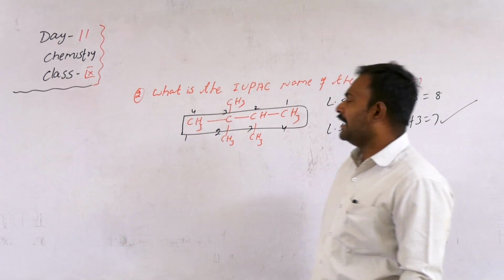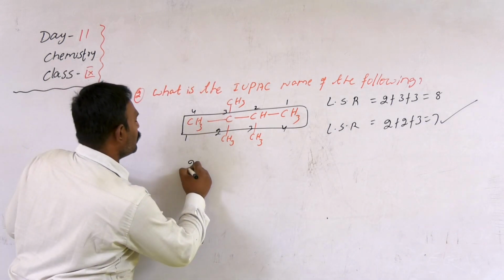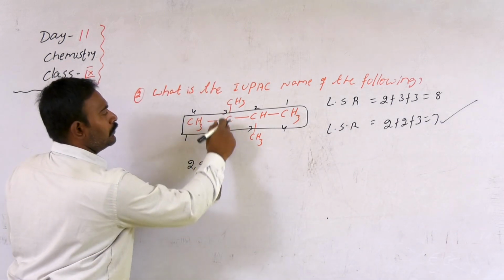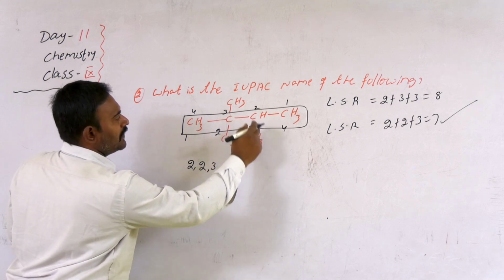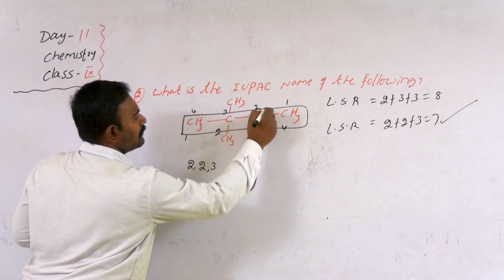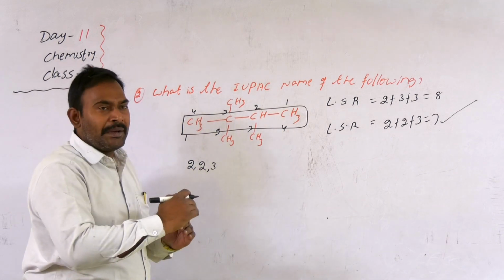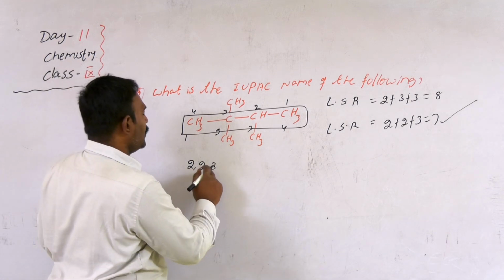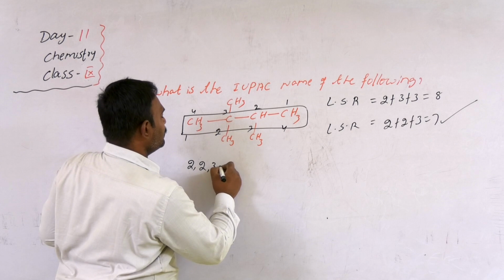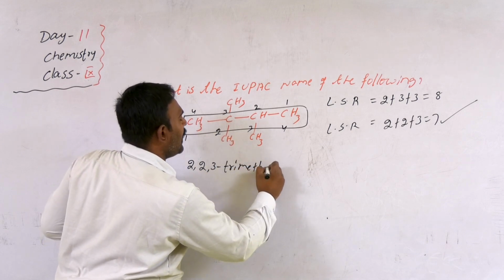Then coming to the name of this compound, first we write the branches. 2, 2: two methyl groups, and on the third carbon also a methyl group. 2, 2, 3. The same group repeating 3 times, so we use the word tri. 2, 2, 3-trimethyl.